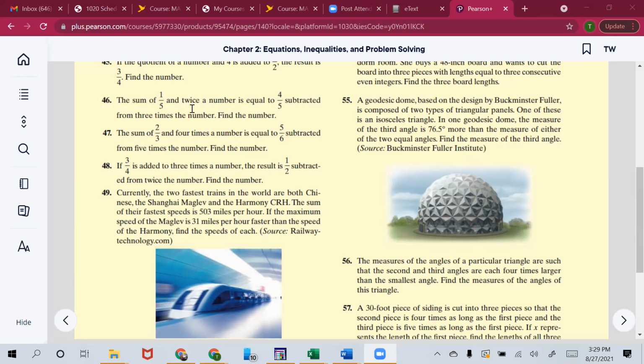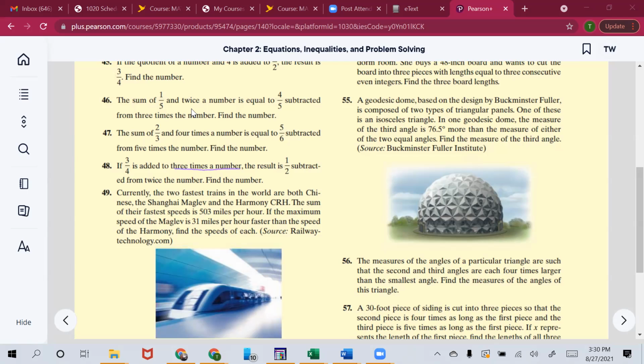Okay, so number 48: if 3/4 is added to 3 times a number, the result is 1/2 subtracted from twice the number. Wow. Find the number. I'm going to try to do it on this page because it's so much easier to read it and see me write it down at the same time. So if 3/4 is added to 3 times the number, first I need to find 3 times the number.